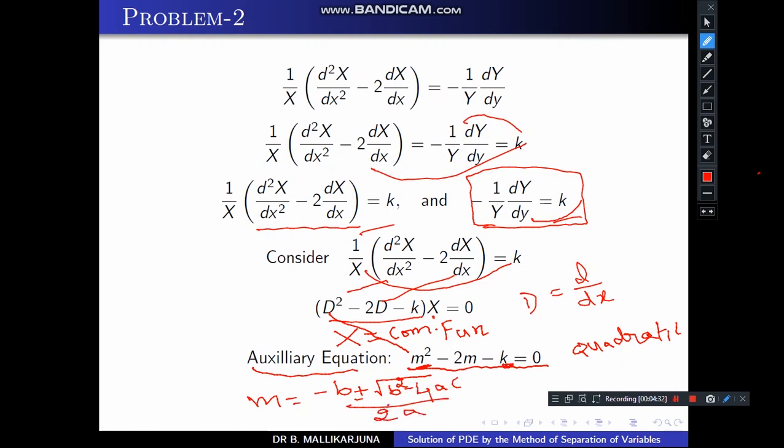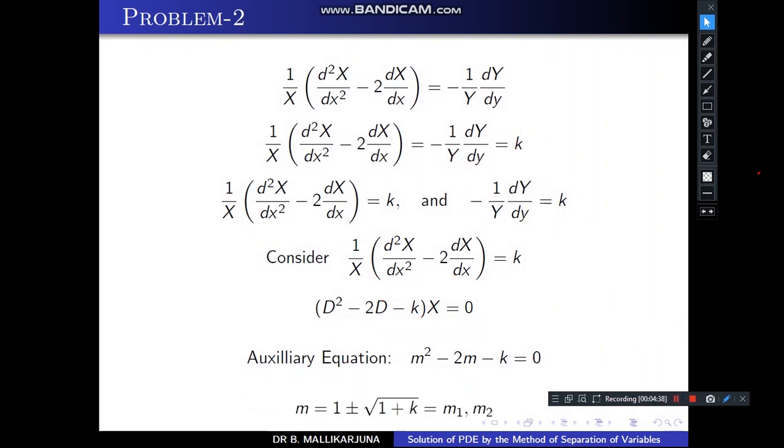Now using this formula, let us see what we will get. m is equal to 1 plus or minus root of 1 plus k. So these are the two roots. One is 1 plus the square root and another is 1 minus the square root, and these two you can assume as m1 and m2.